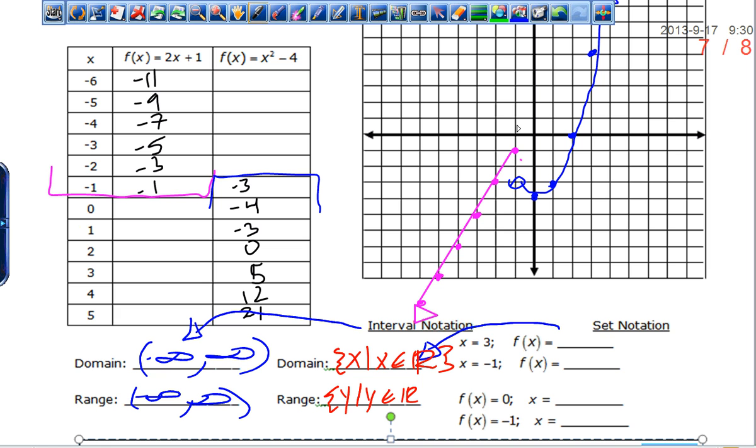All right. When x is 3, what's y? x is 3, y is 5. When x is negative 1, what is y? Negative 1. It's wherever the closed circle is. I know we have 2 of them here, but it's wherever the closed circle is. So in this case, it's negative 1. What about when y is 0? When y is 0, what is x? Yeah, we got some difference.